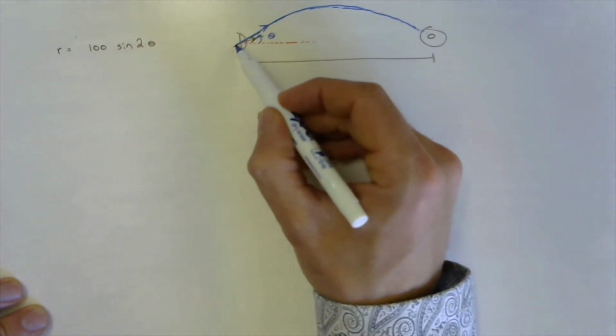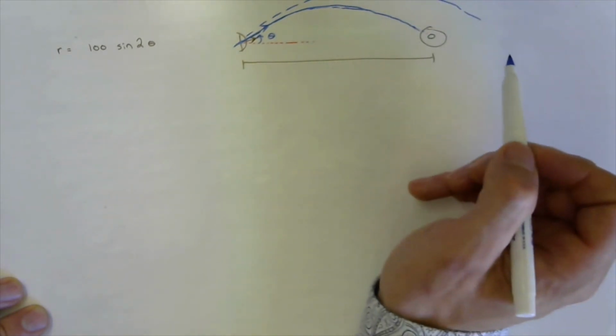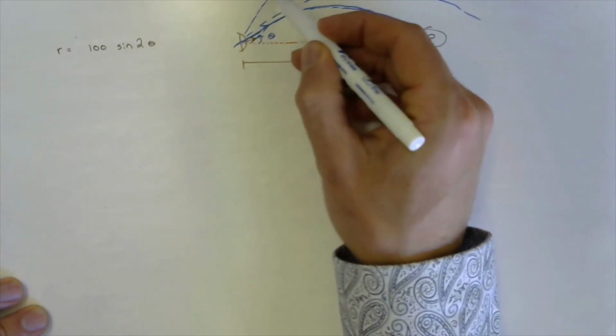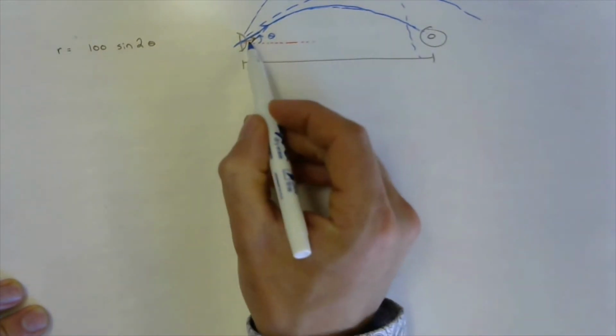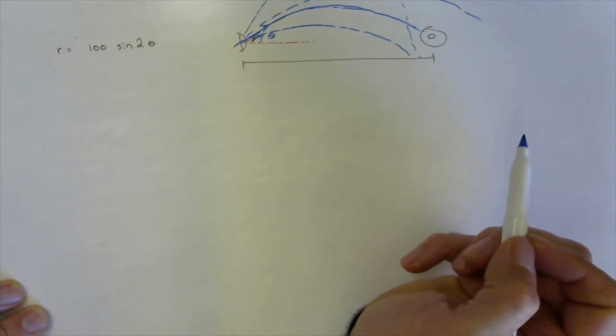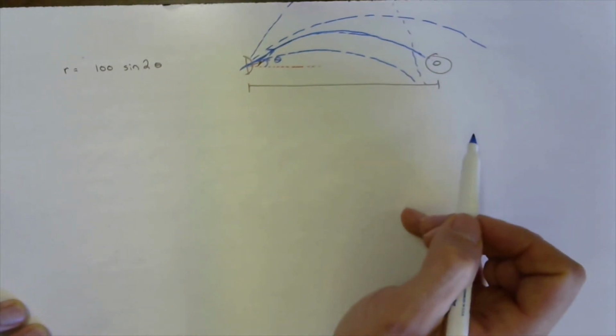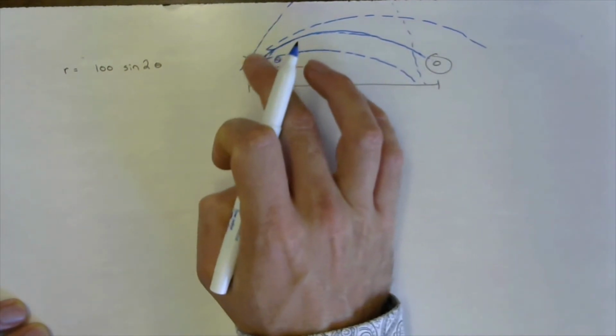If the angle is too high, maybe it goes too far. Or if it's really too high, it comes down short. If the angle is too low, maybe it just goes down underneath it. So we're looking for the angle that's going to get this arrow to hit the target right on.